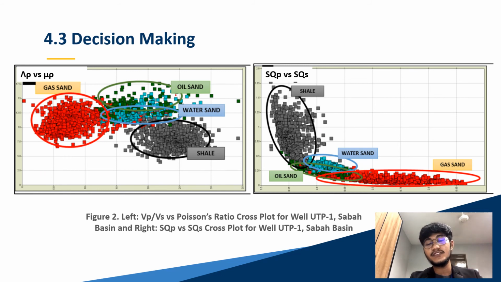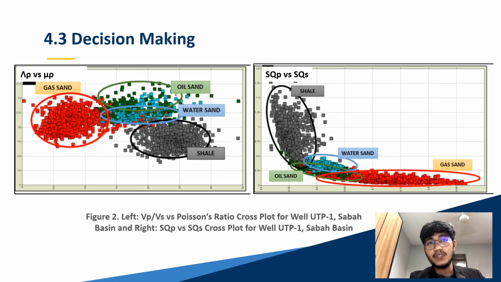Here is the comparison between two cross plots: lambda rho versus mu rho and SQP versus SQS. As we can see, both are able to discriminate the lithofluid of gas sand, oil sand, water sand, and shale. Unfortunately, the lambda rho versus mu rho cross plot does not show a distinct separation between the silty sand and the shale, as the silty sand and shale curves almost overlap with each other.